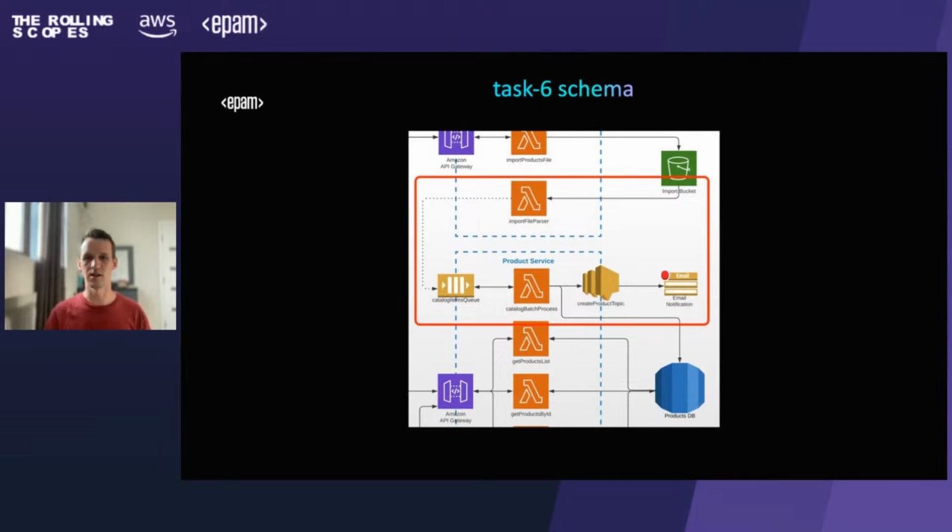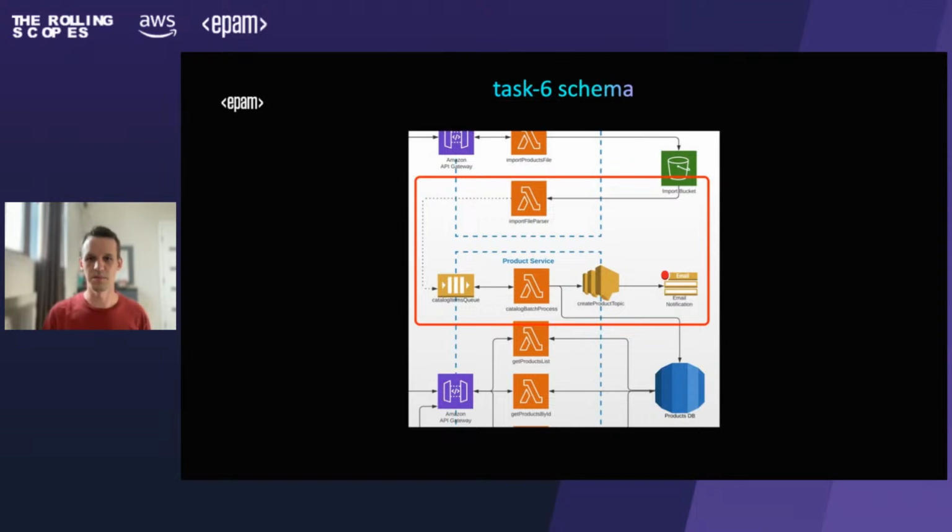It was just logging the positions from our products.csv file. And in this task, we have to make it really parse our file and provide all the data it found inside this file to the SQS queue, which would be responsible for invoking another Lambda, which is named catalog batch process in this picture.